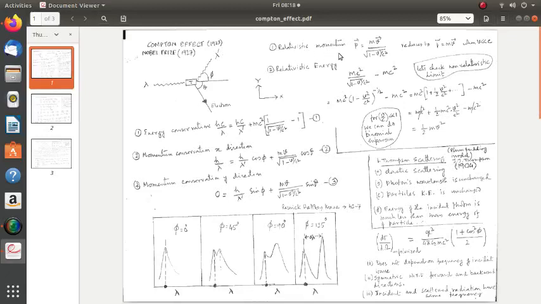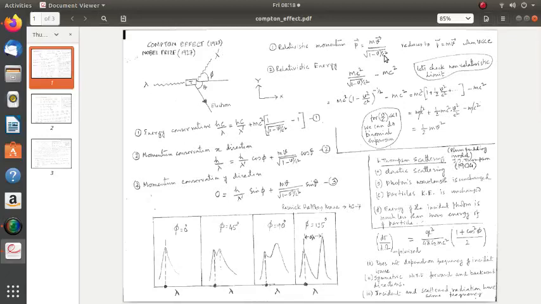What is relativistic momentum? In Newtonian mechanics we know p equals mv, but when this v is very high, comparable to the velocity of light, this relation is modified to p equals mv divided by root over 1 minus v square by c square.